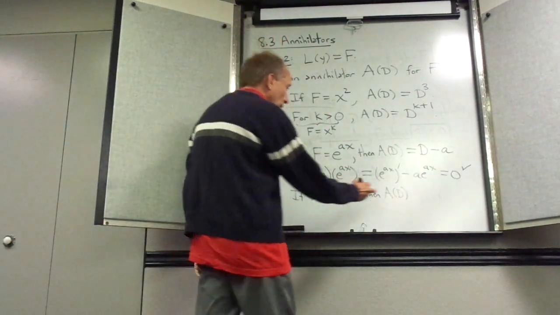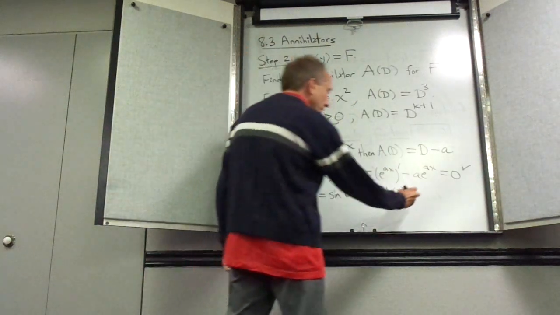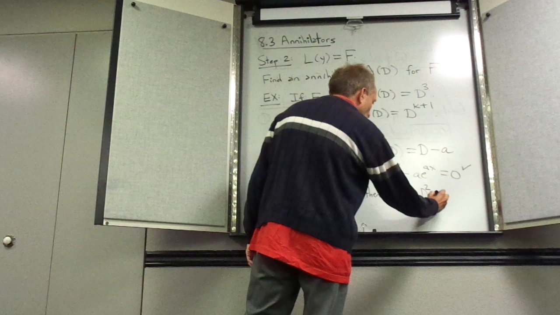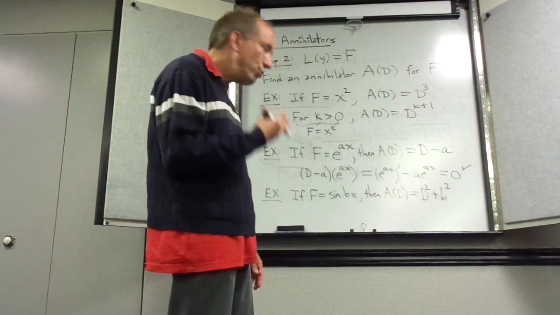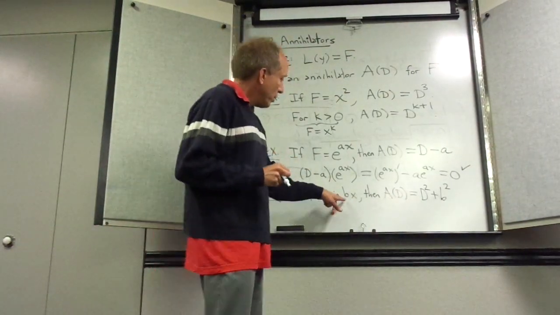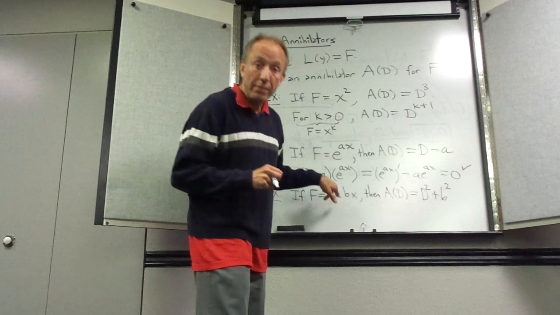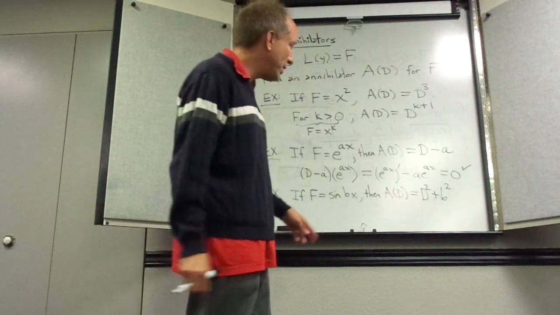Well, it turns out that the annihilator of the sine of bx is just D squared plus b squared. So when you take 2 derivatives of the sine of bx, you actually get back the negative of the sine of bx, but you will have pulled out 2 factors of b in the process.